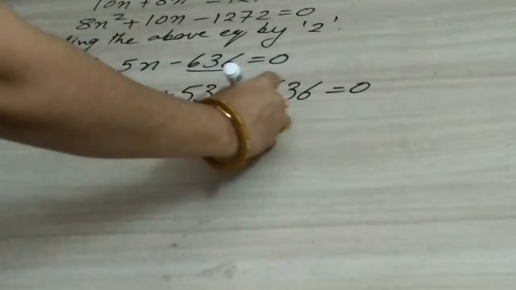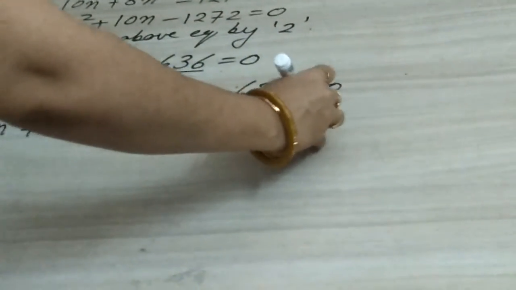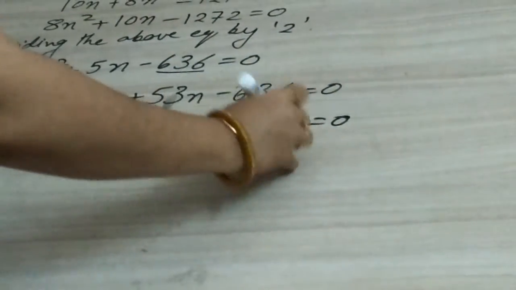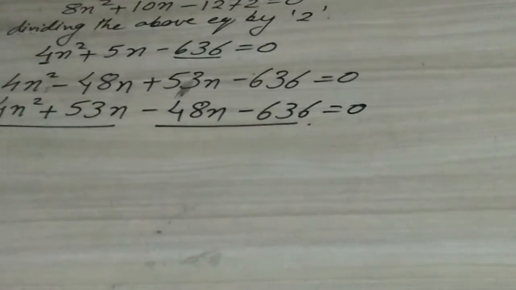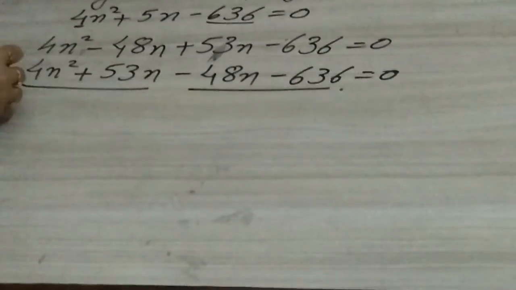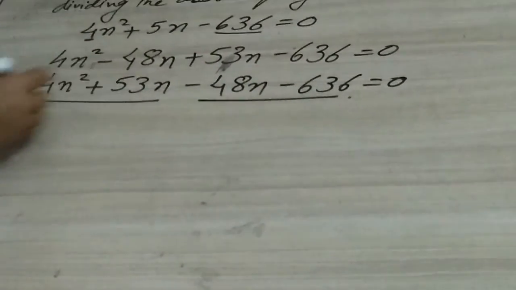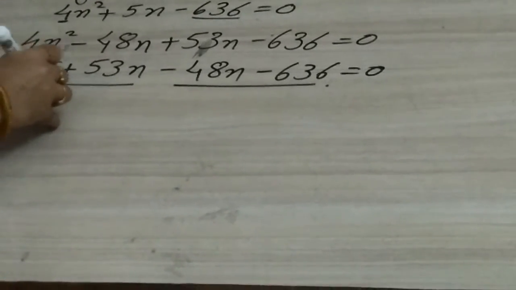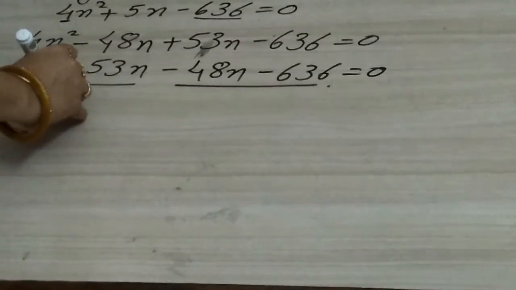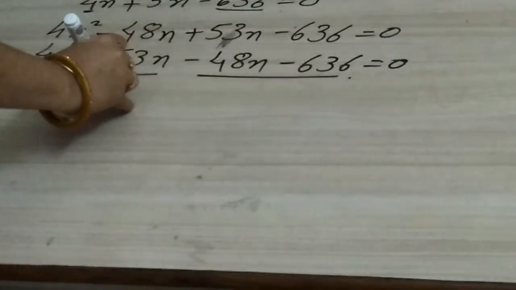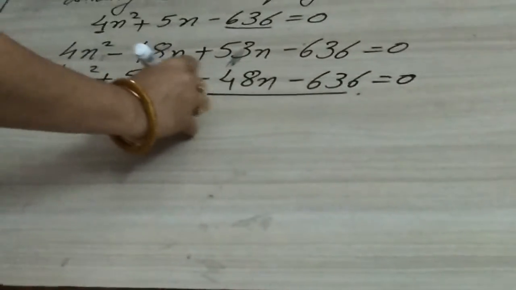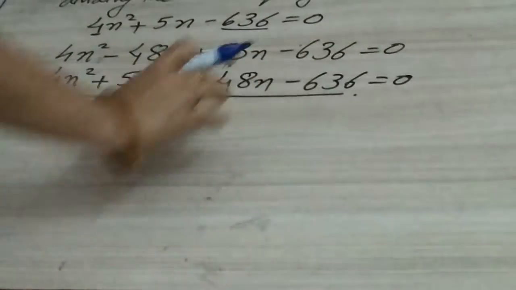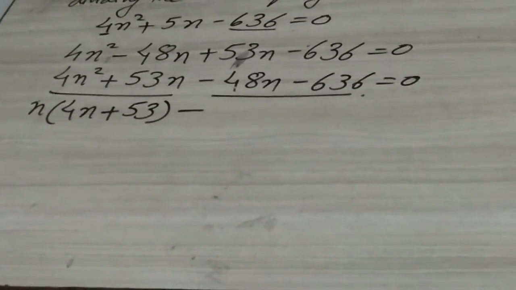I have interchanged the places, minus 636 equals 0. Now I have done the grouping of these two and of these two. When I do the grouping, nothing common comes out of the first pair, since one is even and one is odd. So only n will come out. So it will become n(4n minus 53). Now we will see, for the second pair, how many times: 48 should be there.